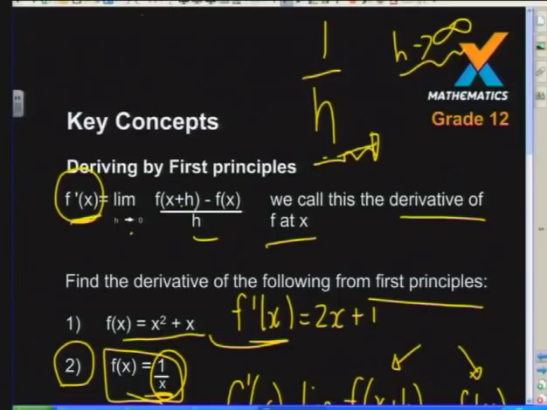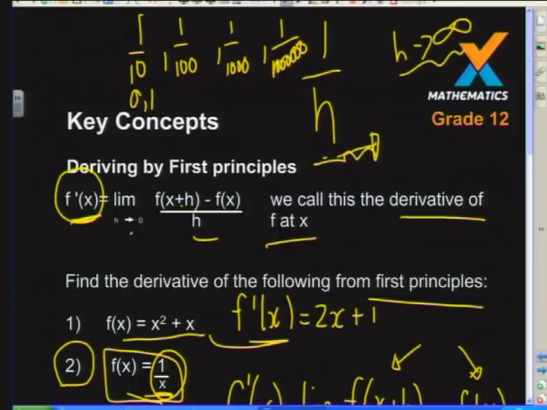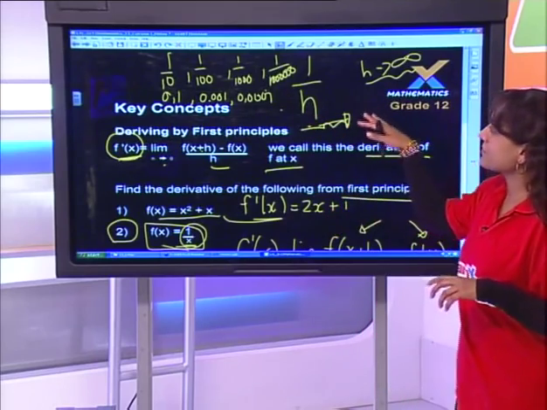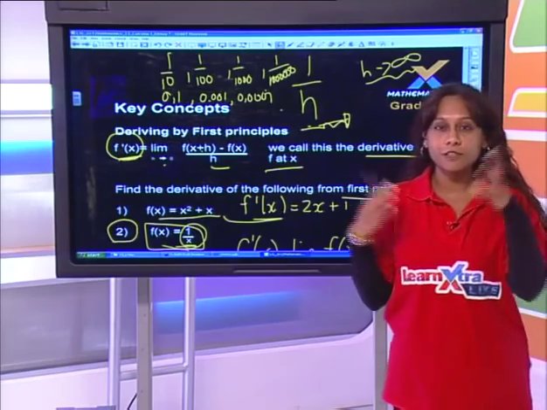Look at this: if I have 1 over 10, 1 over 100, 1 over 1,000, and then maybe 1 over 1,000,000, these values are going to get closer and closer to 0.